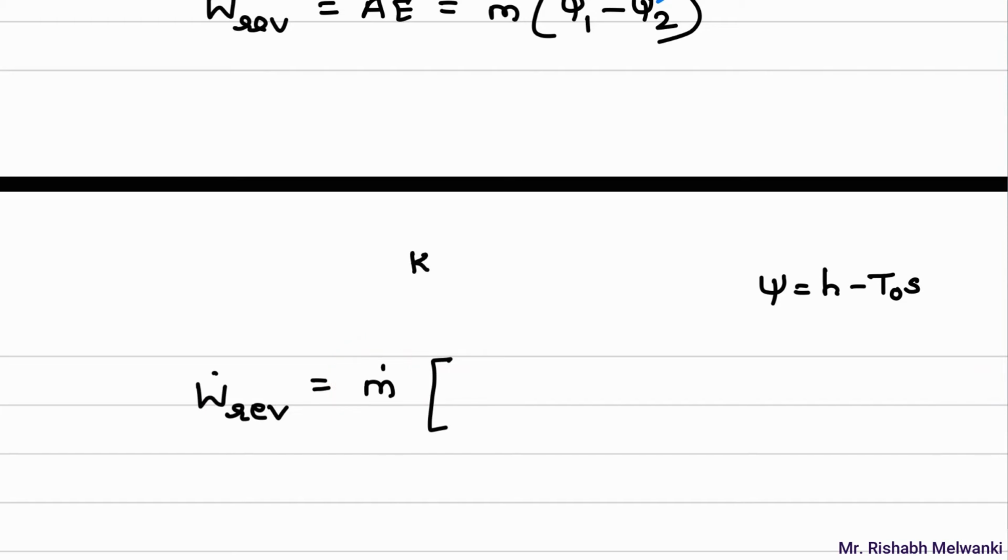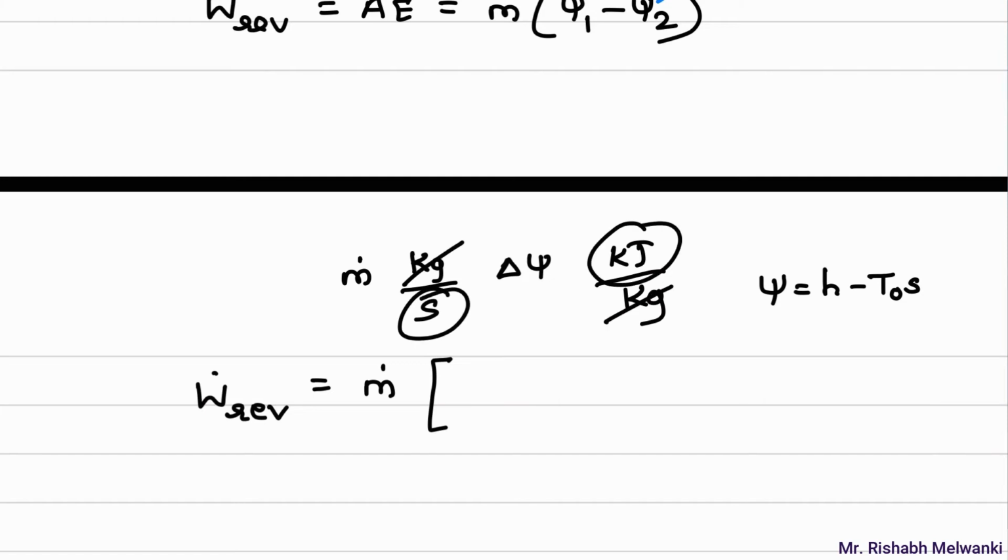The unit of m dot is kg per second, and the unit of psi, if you are considering the difference of psi, is kilojoule per kg. So this kg will get cancelled. You will get the unit kilojoule per second, and kilojoule per second is kilowatt. And kilowatt means it is power, W dot. It's like that.